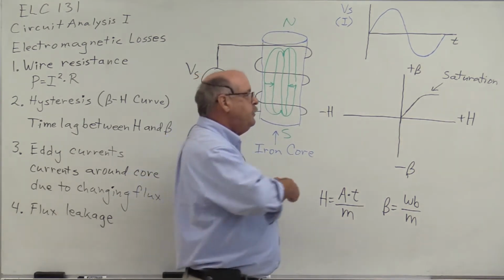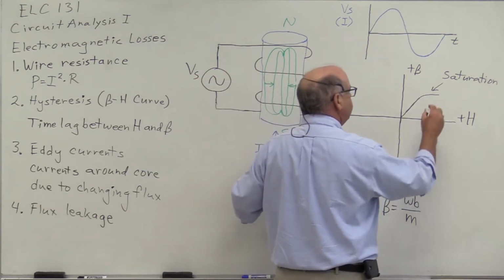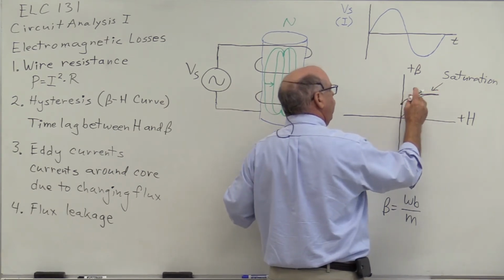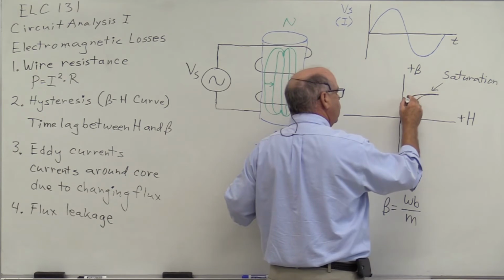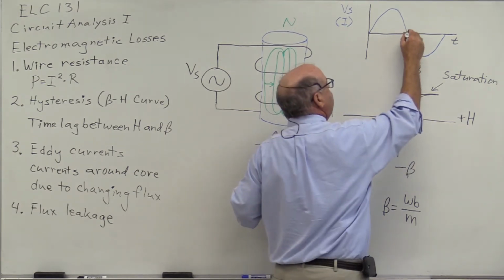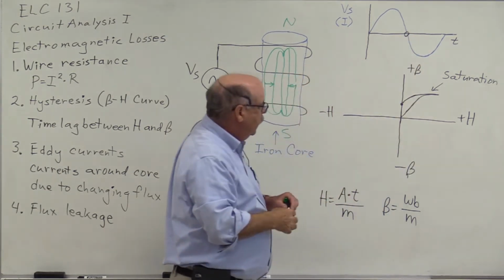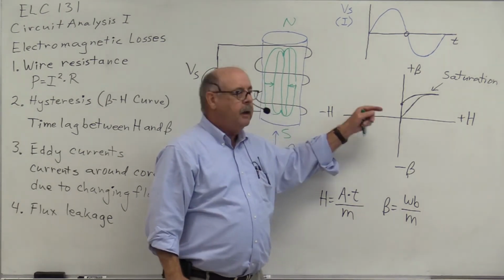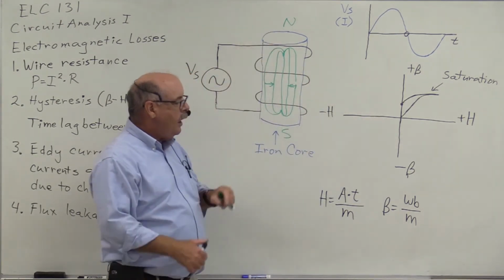But what happens on this graph is that even when we reach the point where the current is zero, there's a slight amount of magnetic field left, north to south.